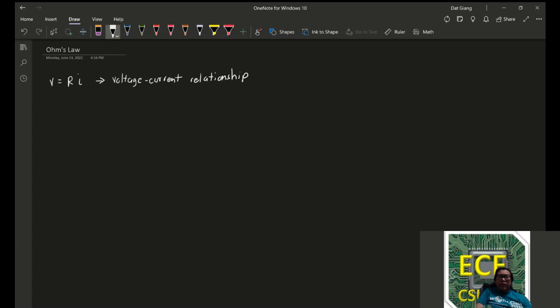Based on this equation, the voltage divided by the current gives us the resistance. And this tells us that the model for some kind of resistor element is very linear. And we can actually extend this to impedance, which we'll cover later on.